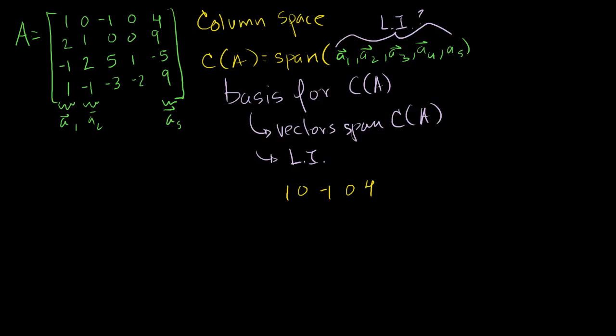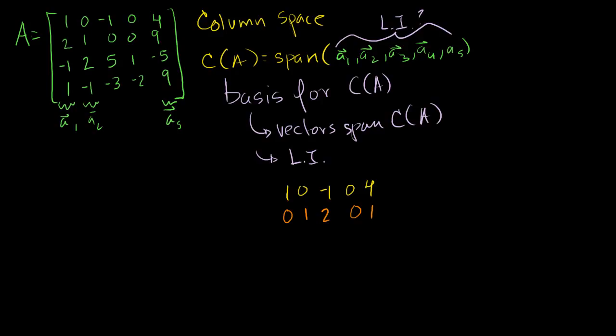So then our second row, 2 minus 2 times 1 is 0. 1 minus 2 times 0 is 1. 0 minus 2 times negative 1, so that's 0 plus 2. 0 minus 2 times 0 is just 0. And then 9 minus 2 times 4 is 1.